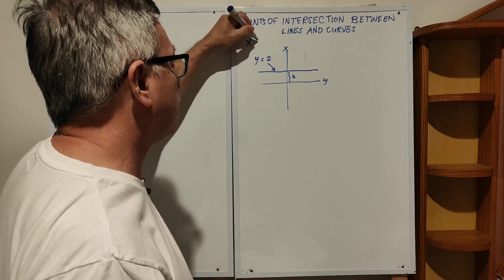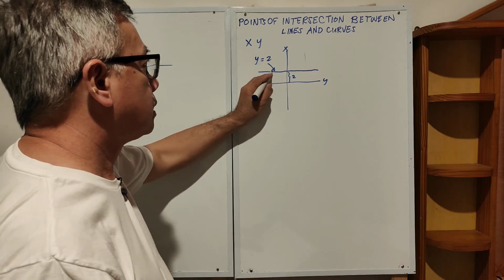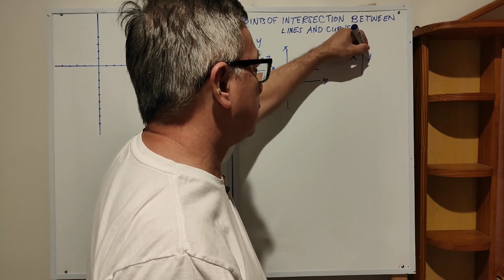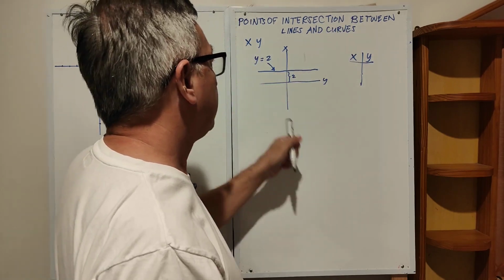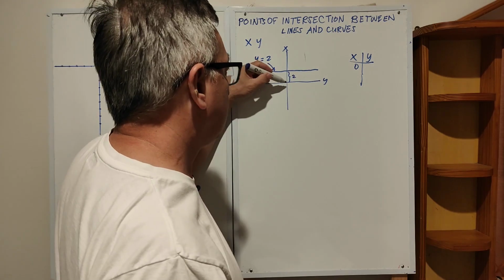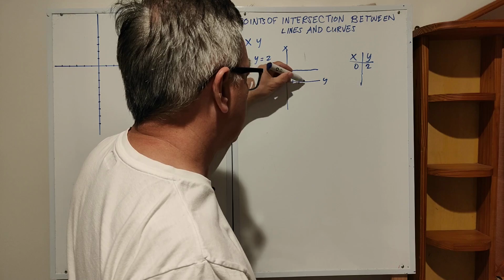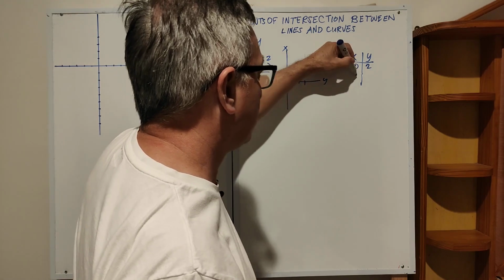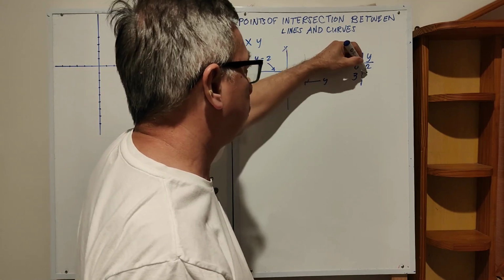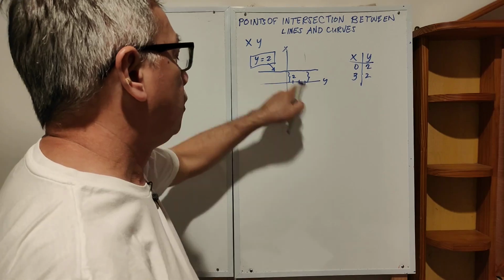So remember x and y. This is left and right. This is up and down. So this is y is equal to 2. If you do the x and y table, regardless of what number you put in x, if x is 0, y is equal to 2. If x is 3, then y is equal to 2. So this is the equation of your horizontal line.